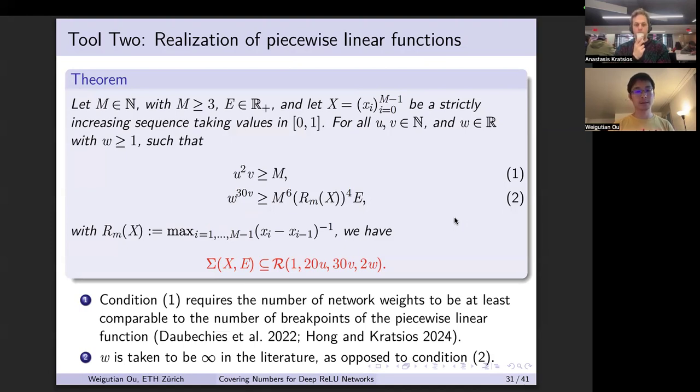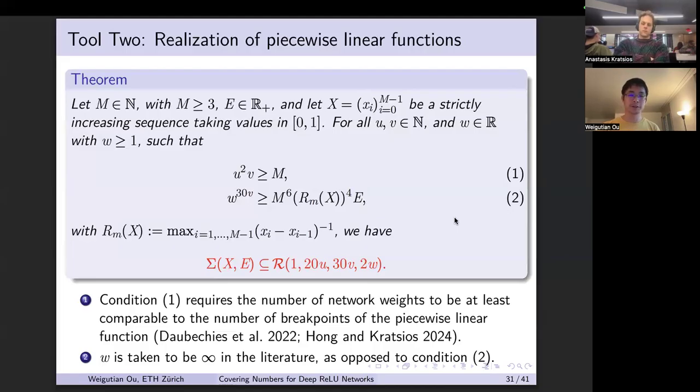And this is the second technical tool we developed. Indeed, by combining the weight magnitude trade-off and this piecewise linear function realization, we can get a lower bound on the Lipschitz number of ReLU networks.